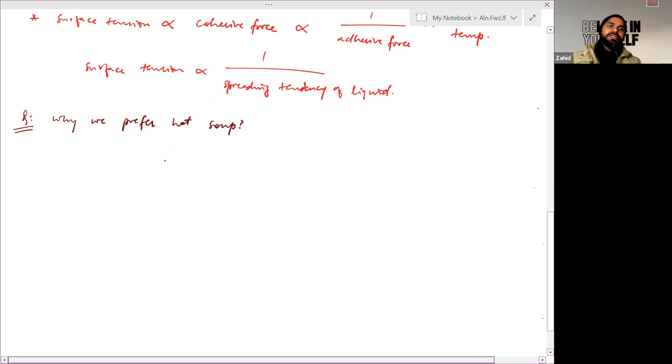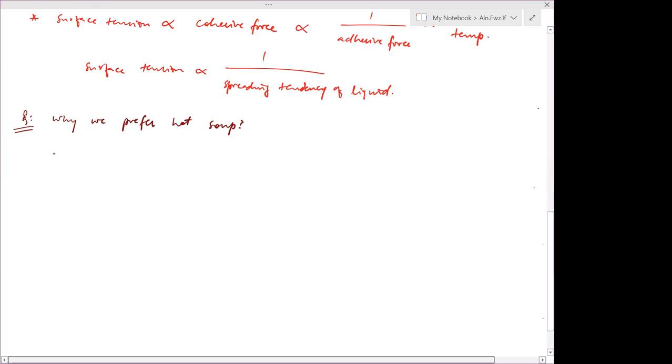And if surface tension of liquid is small, it may spread over a large surface area of the tongue to get interacted with different taste buds, and hence it tastes much better.